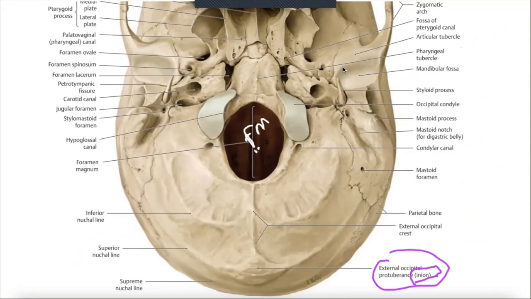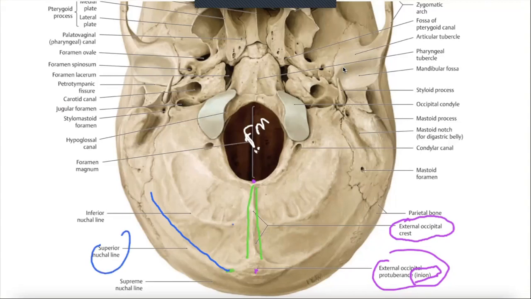So there is a vertical ridge. The external occipital crest is a vertical ridge between the posterior margin of the foramen magnum and the external occipital protuberance. You can clearly see this ridge, right? So that is the external occipital crest. So the lines, you see, superior nuchal line, and this one is the inferior nuchal line.